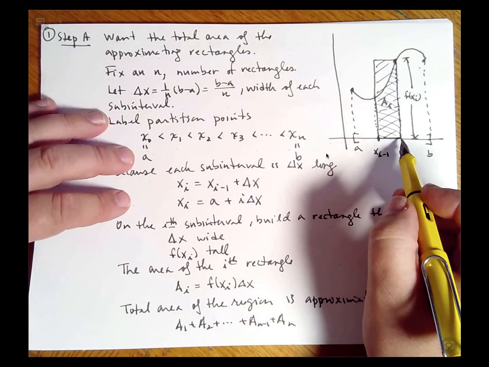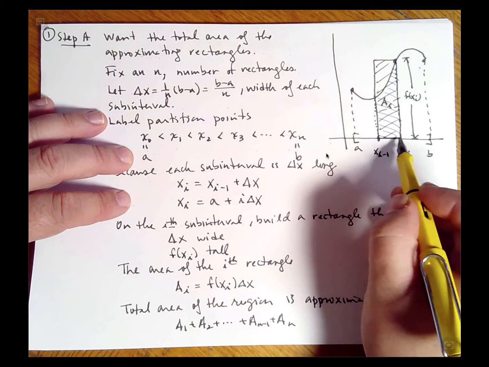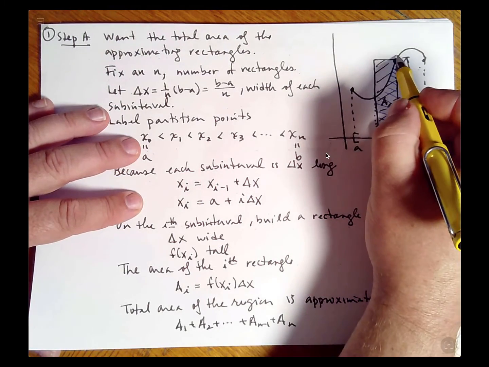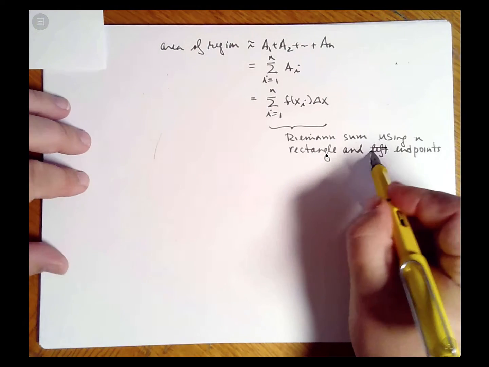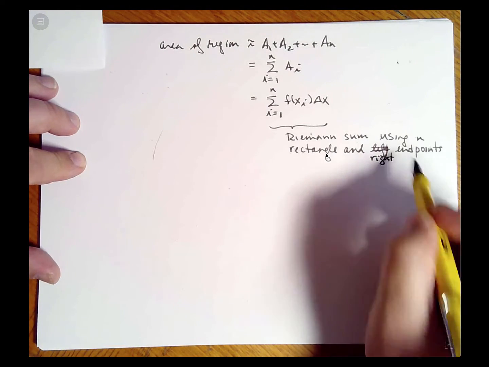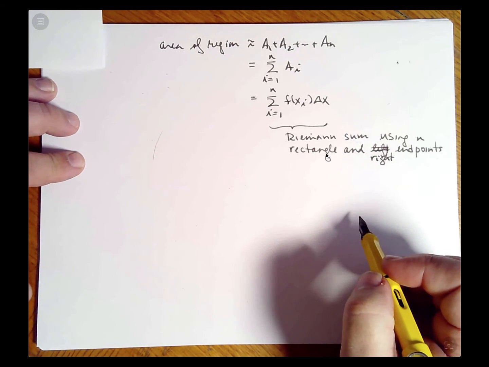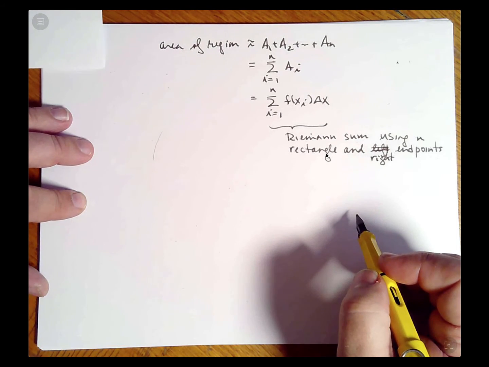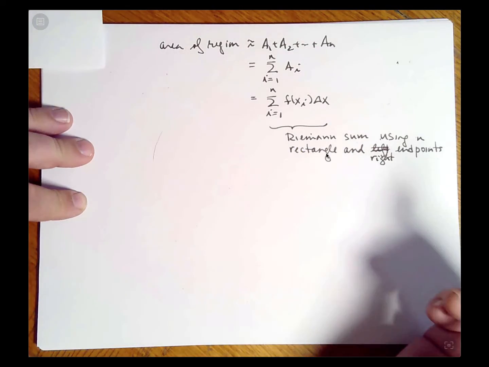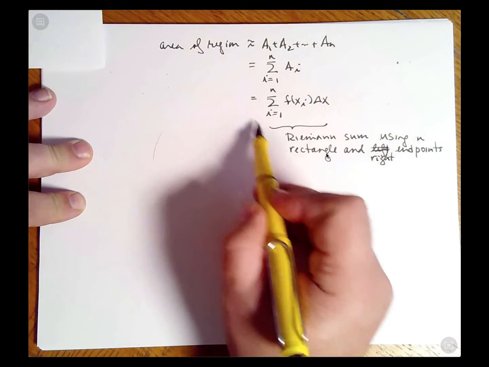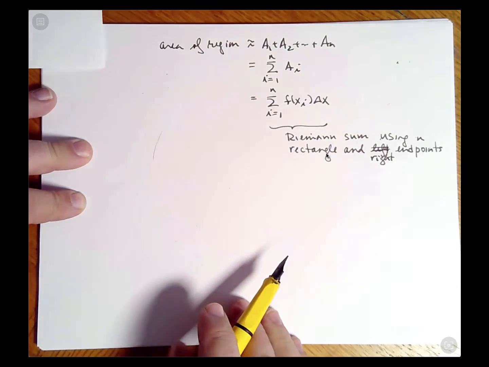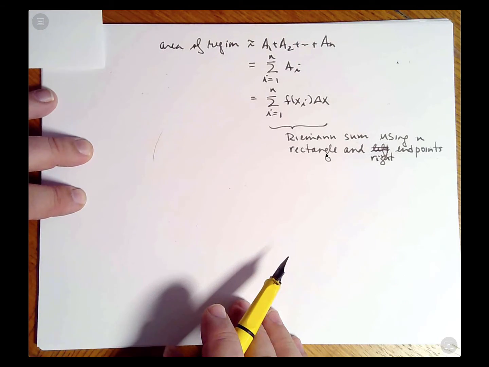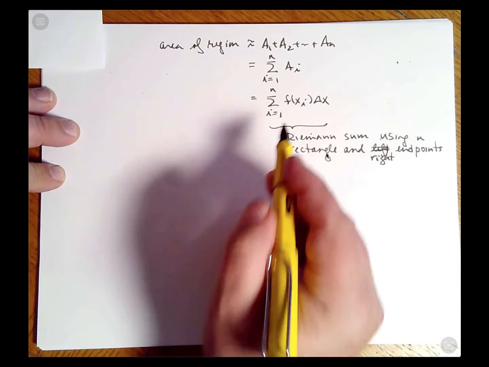My right and left are mixed up again. I'm using the right endpoint to determine the height of my rectangle. And that's basically it. So if you see a sum that looks like this, you are talking about a Riemann sum.